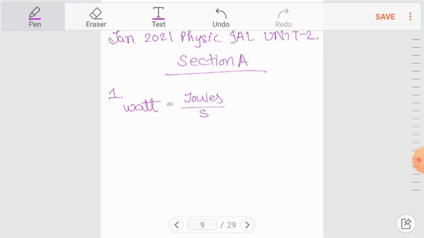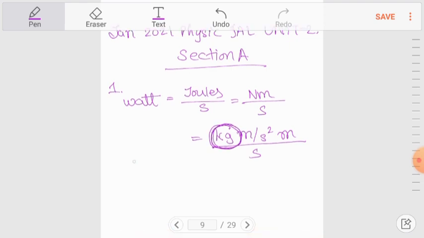Now second is a base unit, but joule is not, so we need to break down the joule into Newton meter, and meter and second are base units, but Newton is not, so we break down Newton into kg meters per second squared, times meter, divided by second. And we can see that kg is a part of the SI base units for power. That means option B, kilogram, is the correct answer for question number 1.